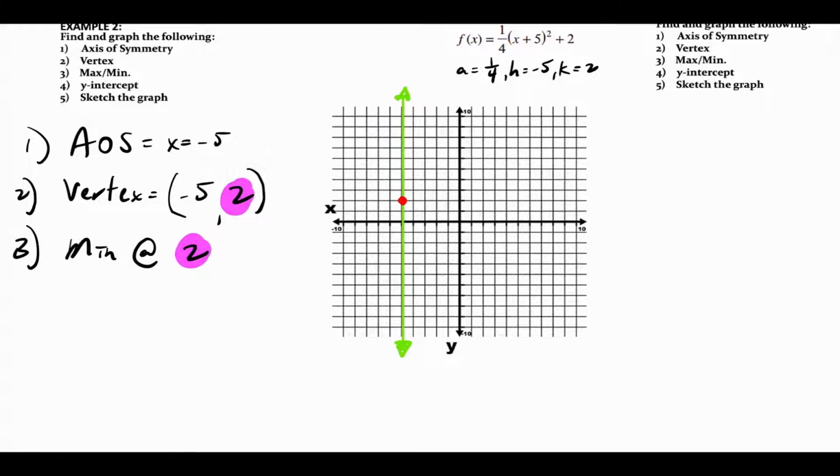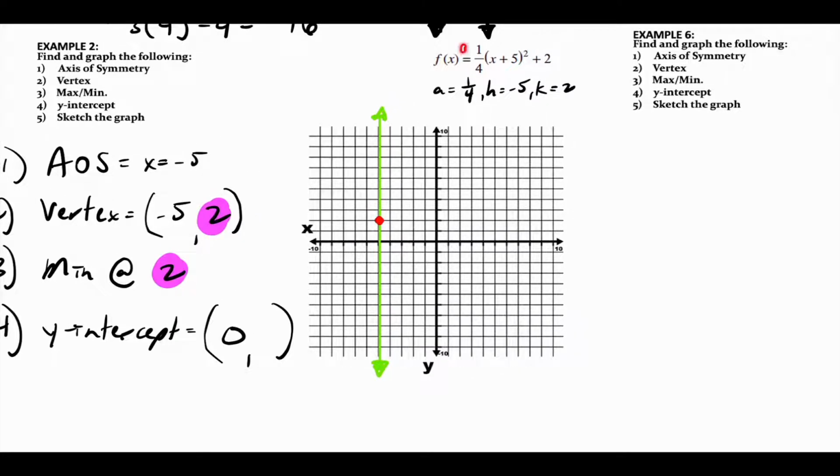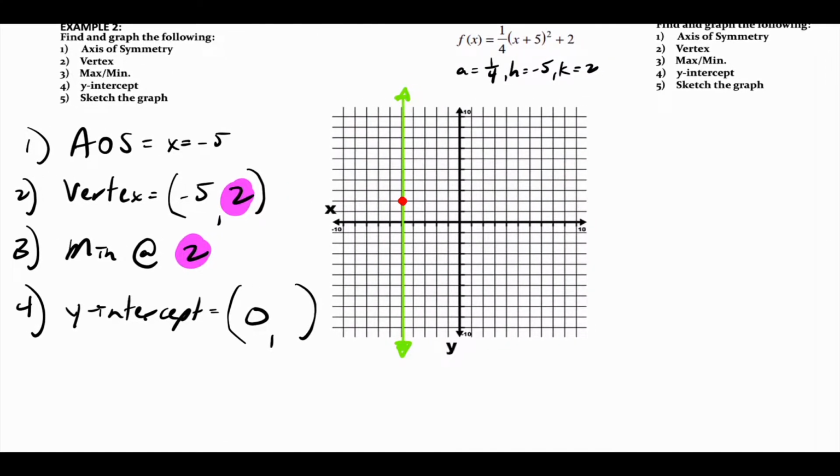Next thing, y-intercept. Y-intercept always starts with 0. So everywhere I see an x in the original, I'm going to plug in a 0. So we have y equals 1/4 times (0 plus 5) squared plus 2.